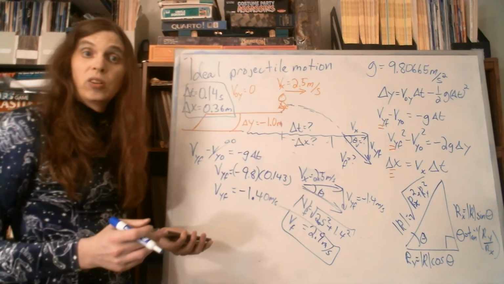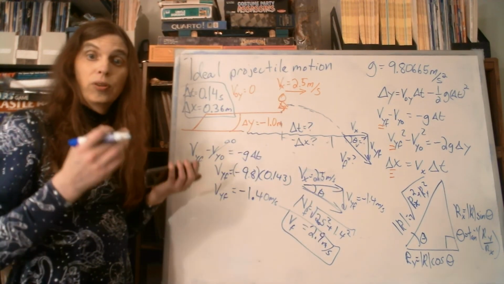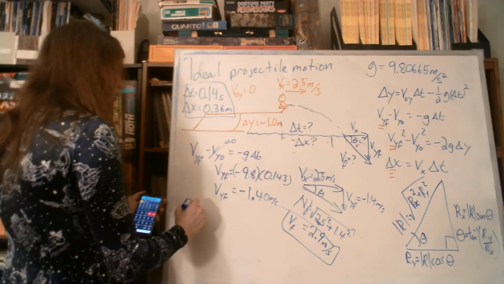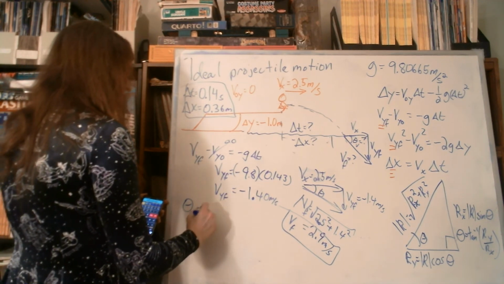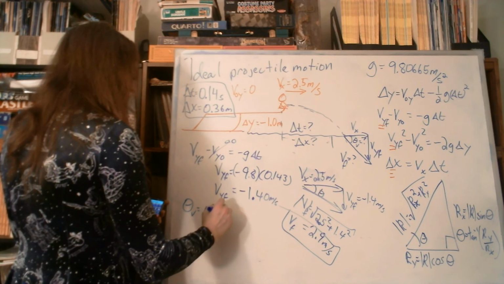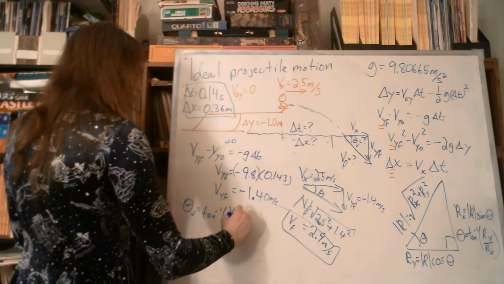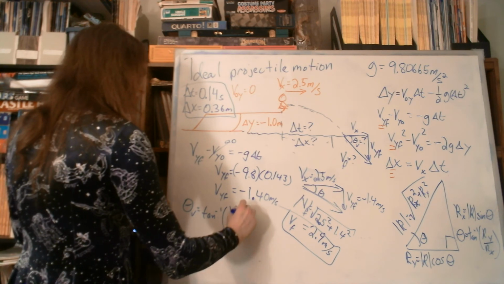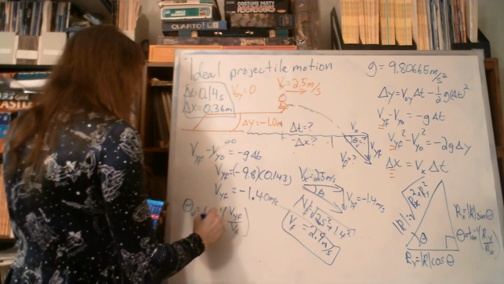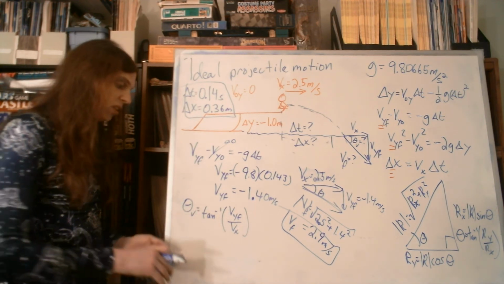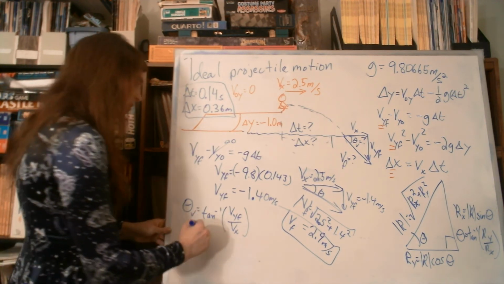But we need that angle to have the full velocity to get the vector. So that angle is the inverse tangent of the y component of velocity over the x component.